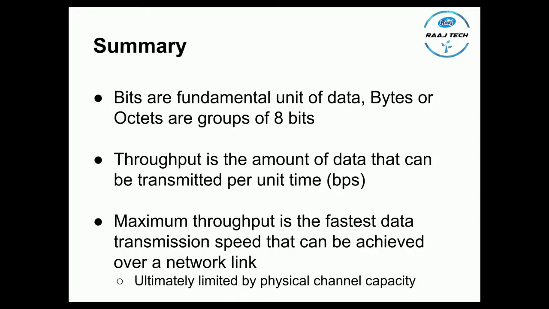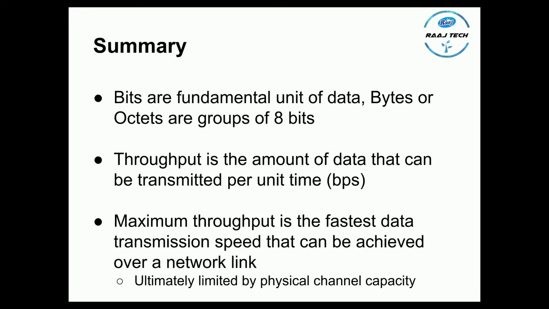So to summarize, the fundamental unit of data that we use is the bit. Bytes and octets are groups of 8 bits. In modern usage, those two units are equivalent to each other. Throughput is the amount of data that we can transmit per unit time, and fundamentally we normally use bits per second as our unit for expressing this quantity.